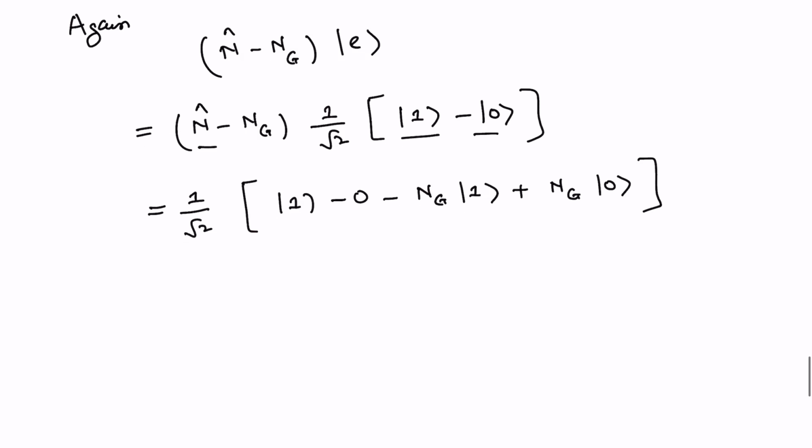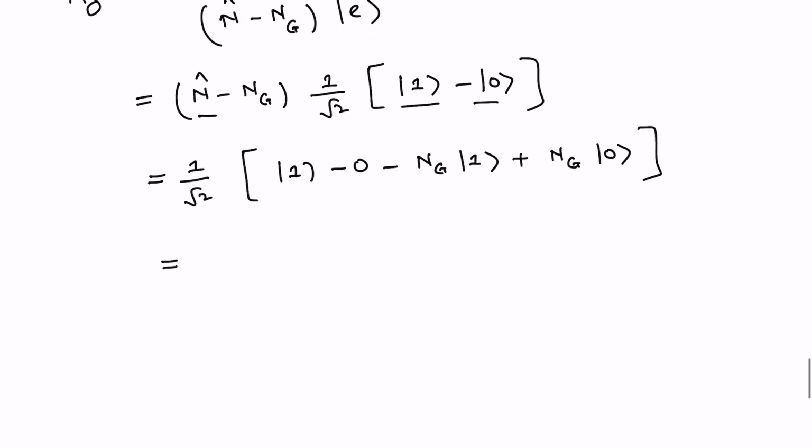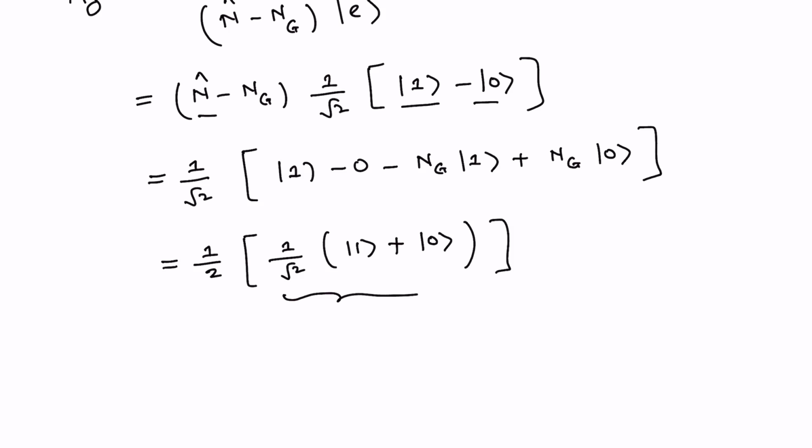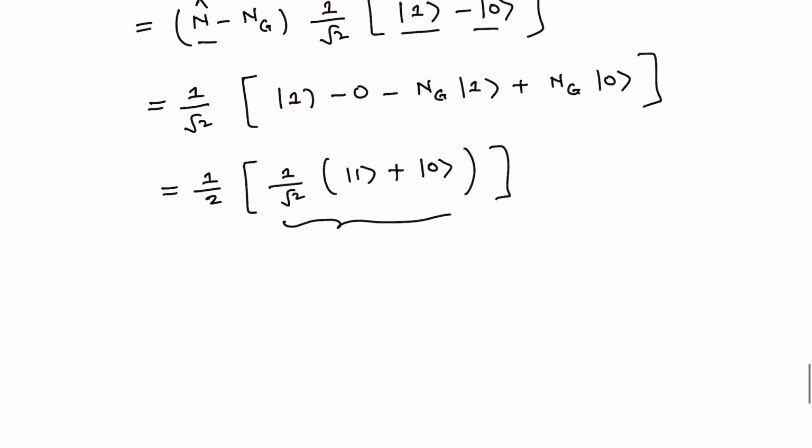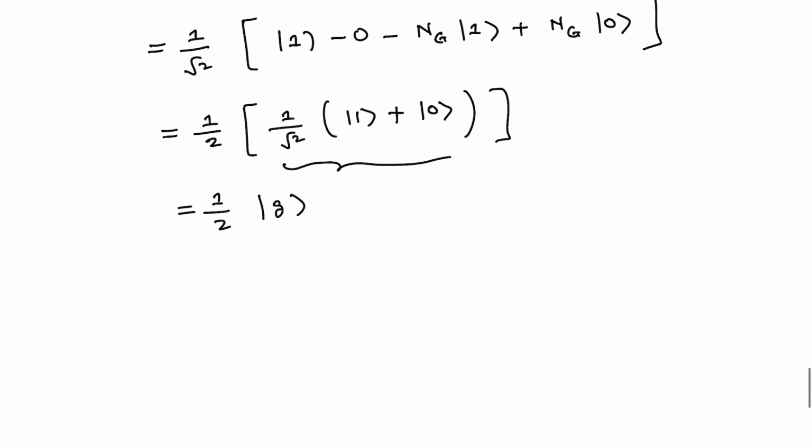Then if I put nz is equal to 1/2, then in a similar way to the previous one, I will get 1 by root 2 (ket1 plus ket0), and this quantity is nothing but ket-z. So I have 1/2 ket-z. So what I get is n minus nz operating on ket-e is going to give me 1/2 ket-z.